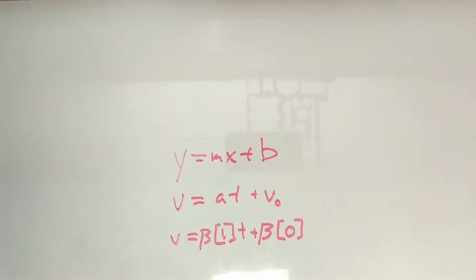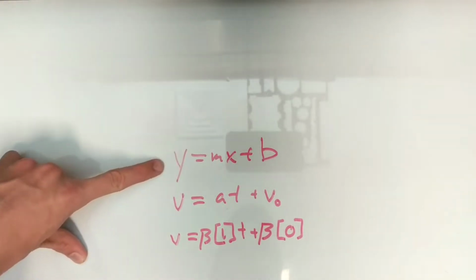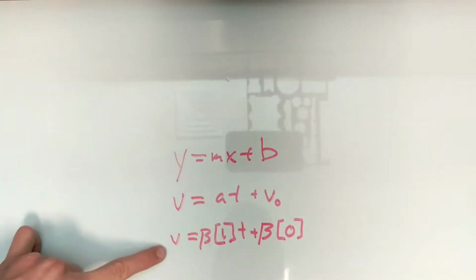So when they ask us to create a line of best fit given some x and create a function that accepts some x, they want us to return the y value that we get from here. So in other words, v.